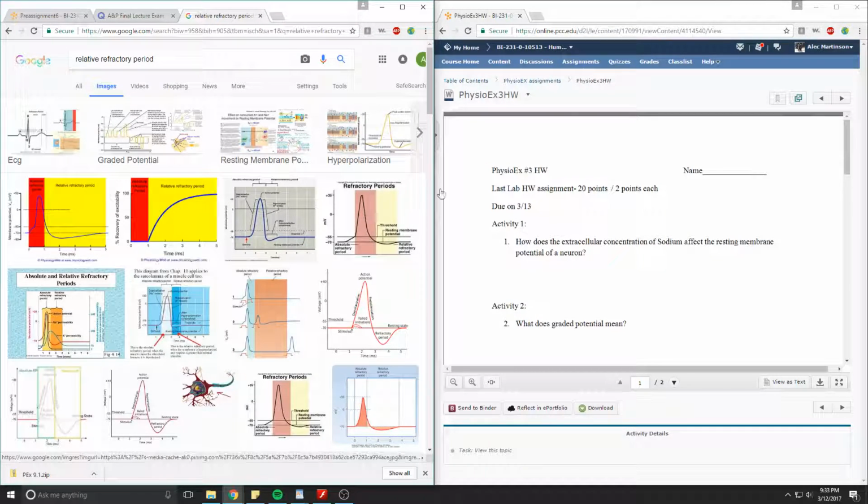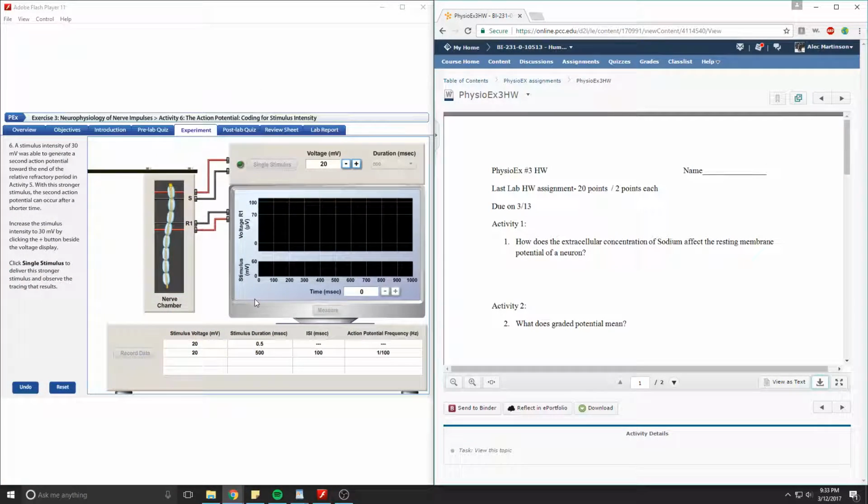That's this. Okay, it's just the period afterwards. So with a stronger stimulus, the second action potential can occur after a shorter time. Increase the stimulus to 30 millivolts by clicking the plus button.